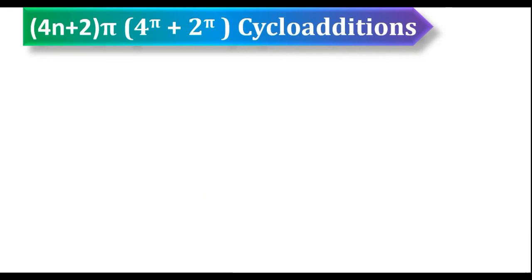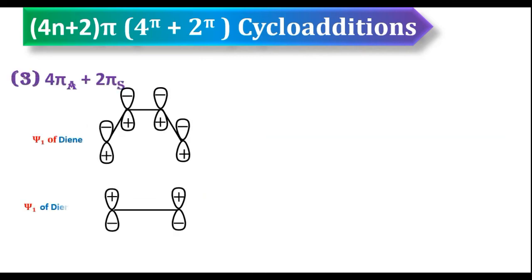The same concept you can explain for antra supra. So the diene is undergoing antra mode of addition, and the dienophile is undergoing supra mode of addition. So that's why I am selecting opposite side lobes for the diene, and same side lobes for the dienophile. Connect these lobes, connect all bottom side lobes, and connect these two lobes. To complete the transition state, connect here.